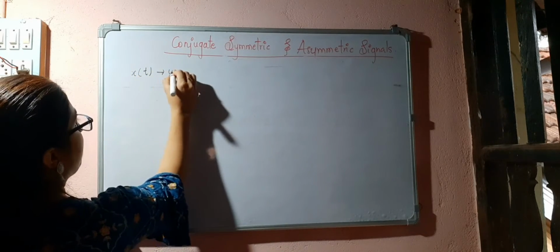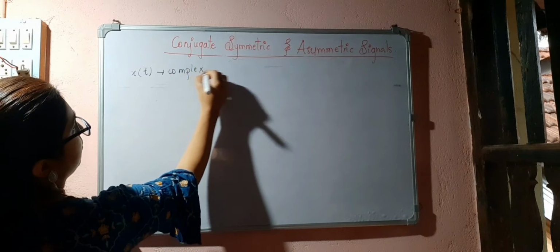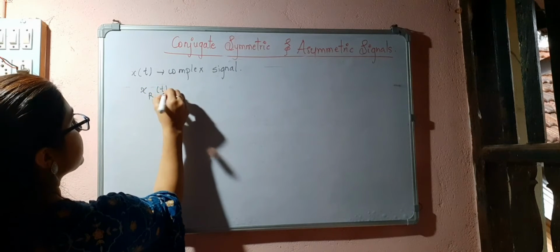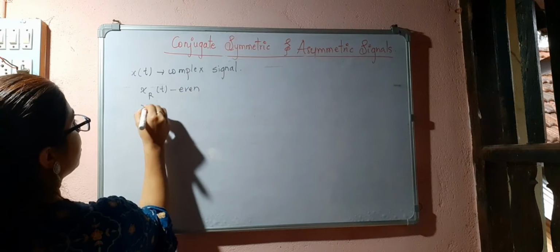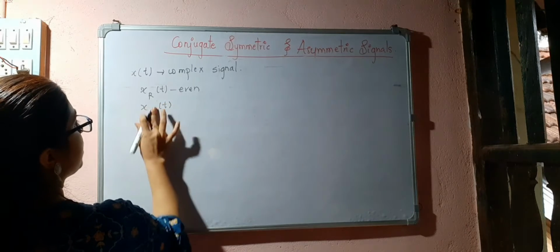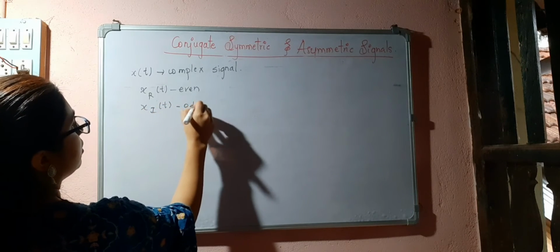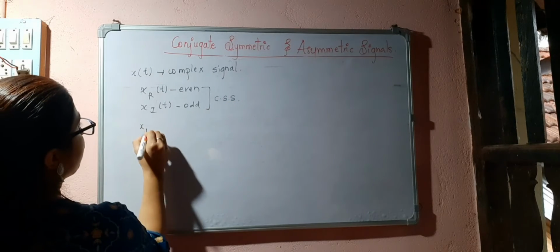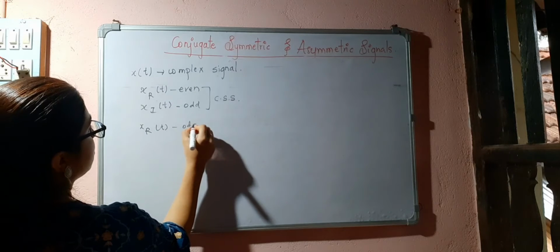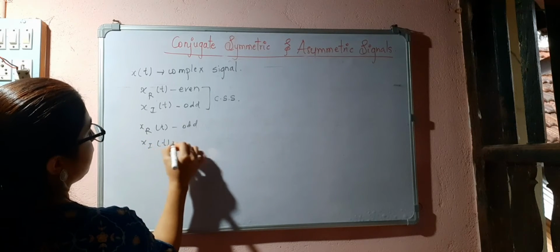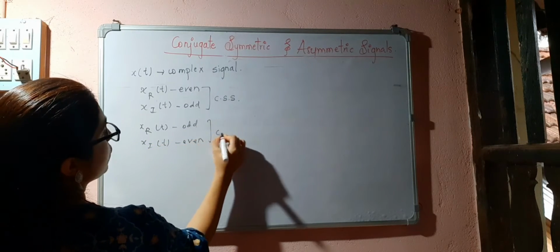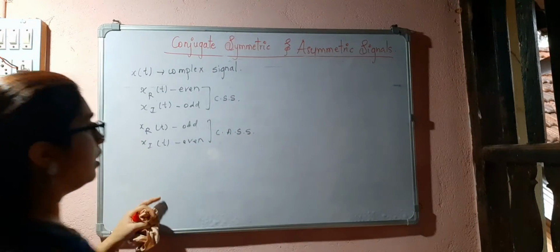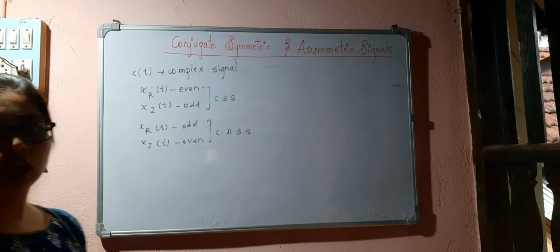For x of t, a complex signal, if the real part is even and the imaginary part is odd, then we have a conjugate symmetric signal. If xr of t is odd and xi of t is even, then it is a conjugate asymmetric signal. Okay, so these are the important conclusions.